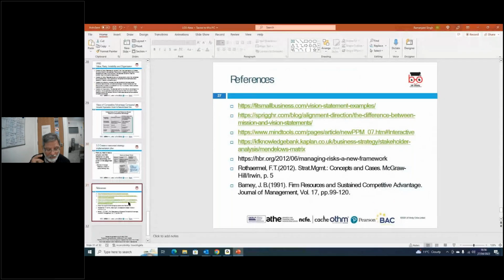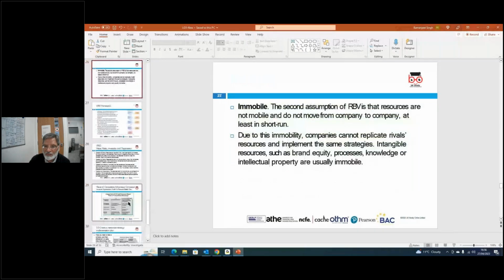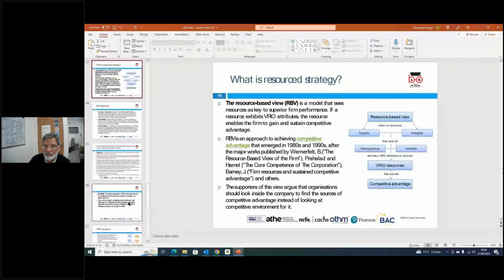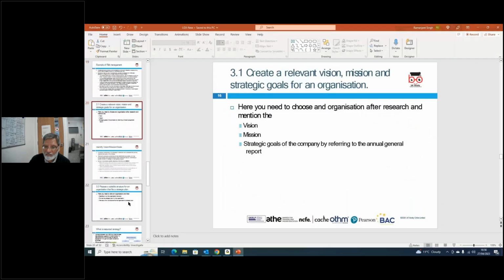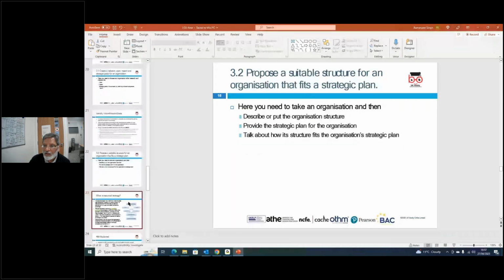Okay, so briefly, what we've done in today's lecture is we looked at 3 assessment criteria. The first one was mission and vision, creating a relevant vision, mission, objectives, and so on. The second one was the proposed suitable structure, i.e. creating a strategic plan.